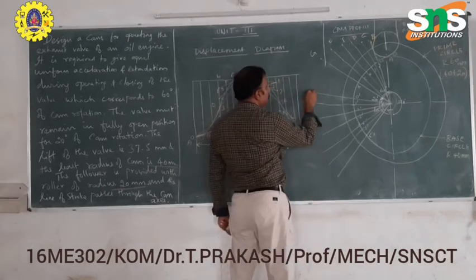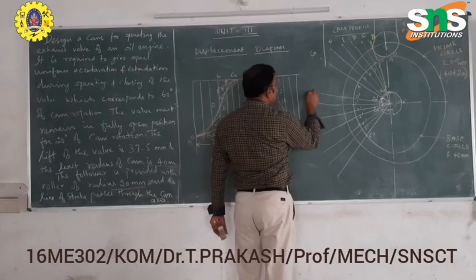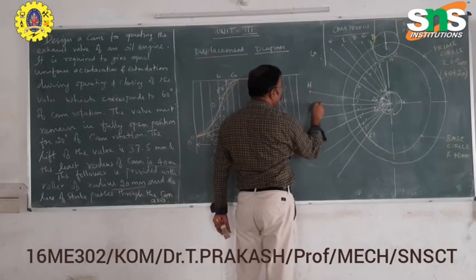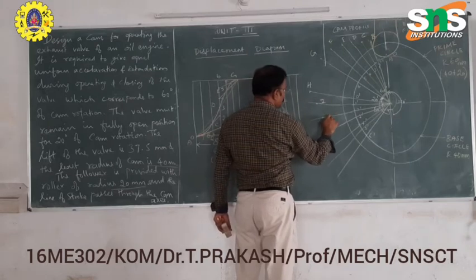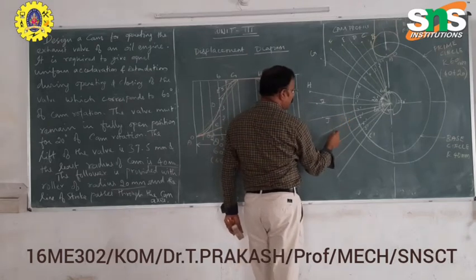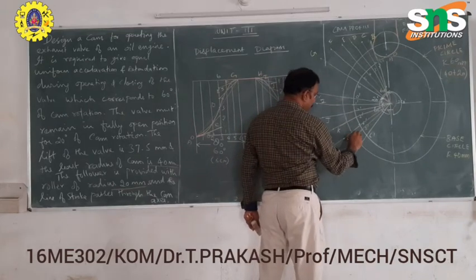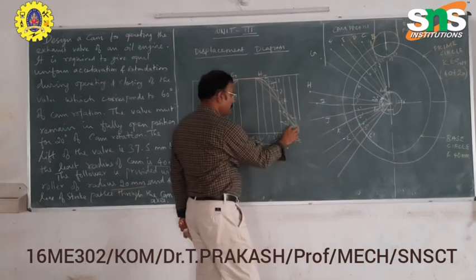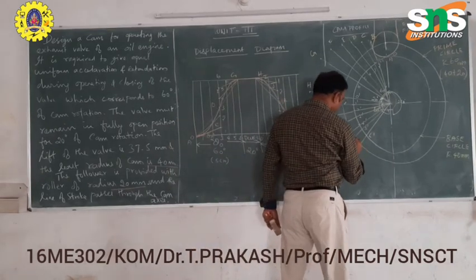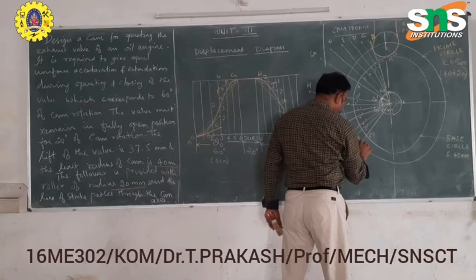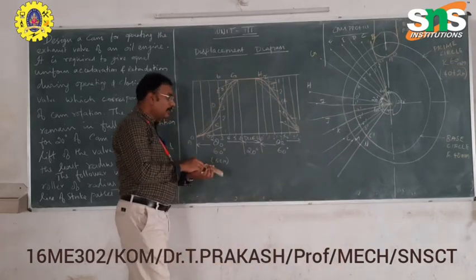The H point is at this distance, then I, J. From the prime circle, we measure K, L, then M, then N. You mark all the points.